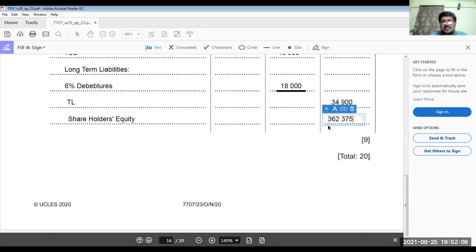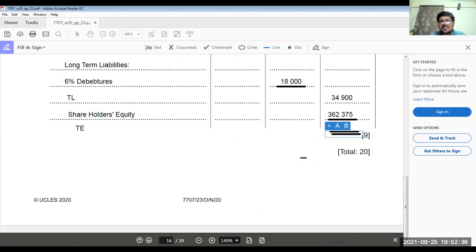Now, total equities means total liabilities plus total shareholders' equity. Total equities should be equal to total assets. Now 34,900 plus 362,375. Answer is 397,275. Yes, it's equal.